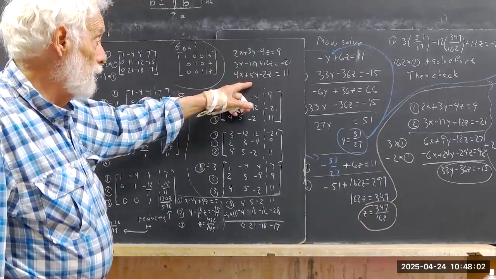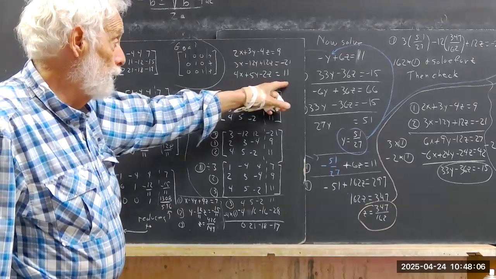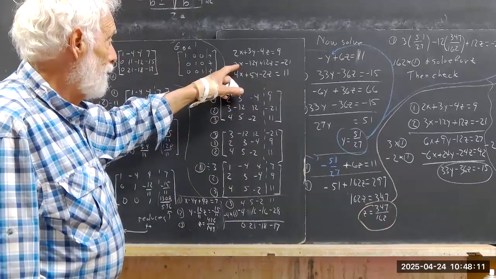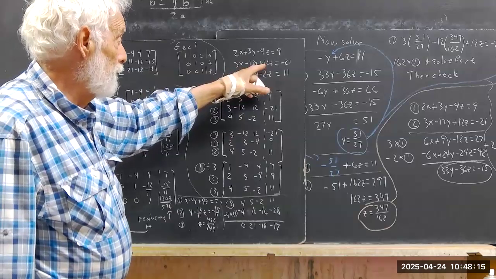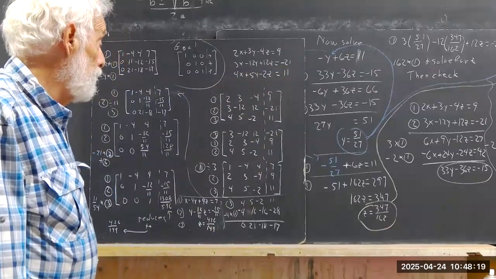1 and 1 for x and y gives us 9. Minus 2z, well, z is negative 1. That means we add 2, we get 11. Okay. Here we get 3 minus 12, which is negative 9. And then we add 12 times negative 1, which is negative 12, we get negative 21.